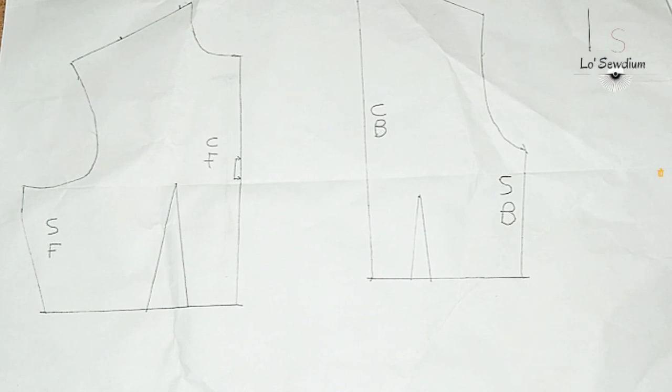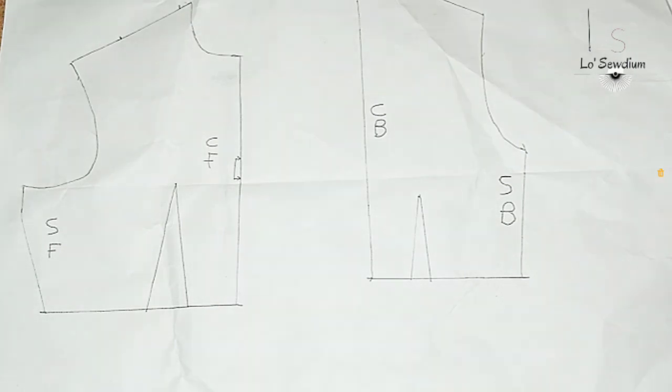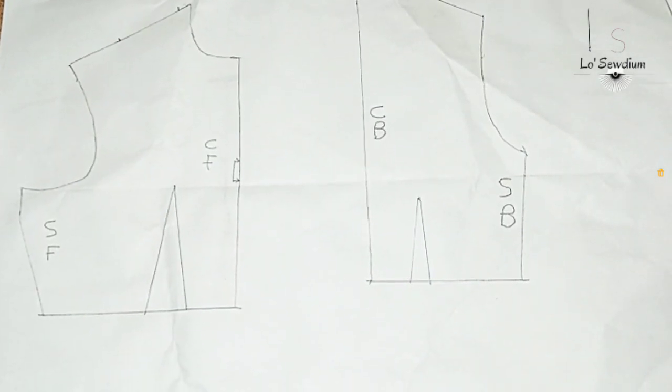Alright, so what does grain line mean? A grain line is from the words grain and line, and it simply means the direction of the grain on the fabric. For every fabric, your fabrics are made up of different threads woven into each other.